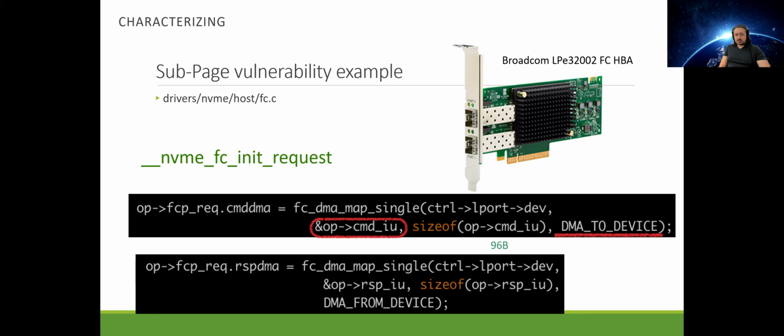It is 96 bytes long, and it allows the device to read from the page. Then, practically the next line of code, it maps the response. It's 32 bytes long, and it allows the device to write.